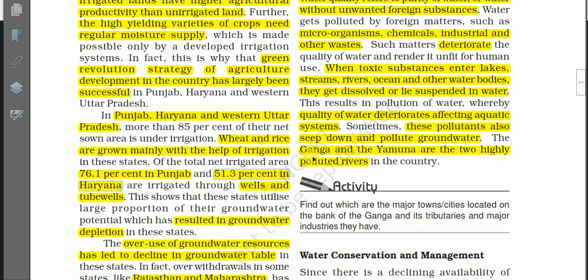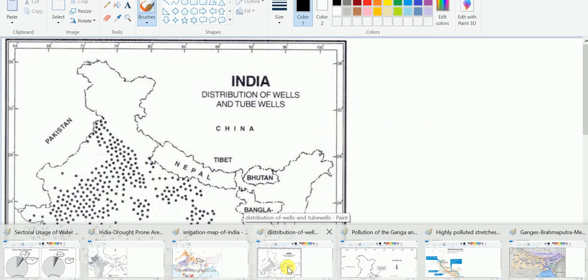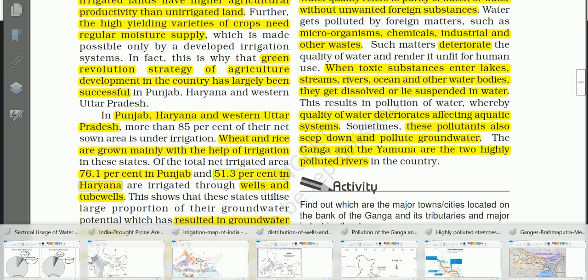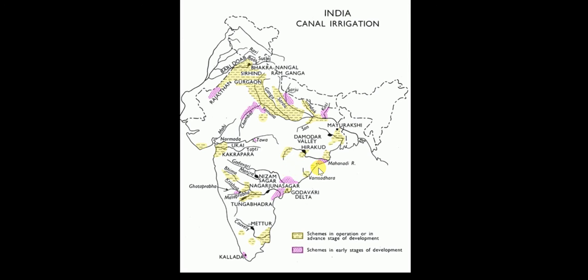Now let us examine some maps. Just see here. Let us first look at this map. This map shows canal irrigation in different parts of India.